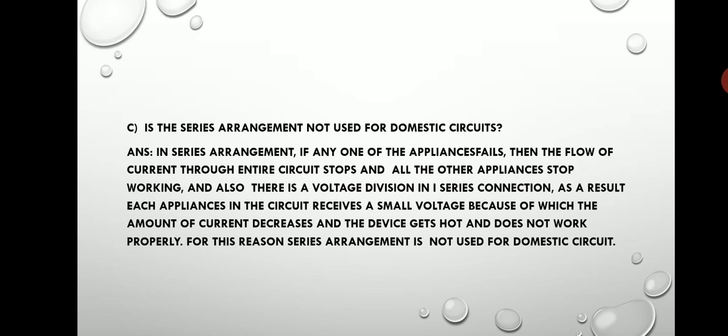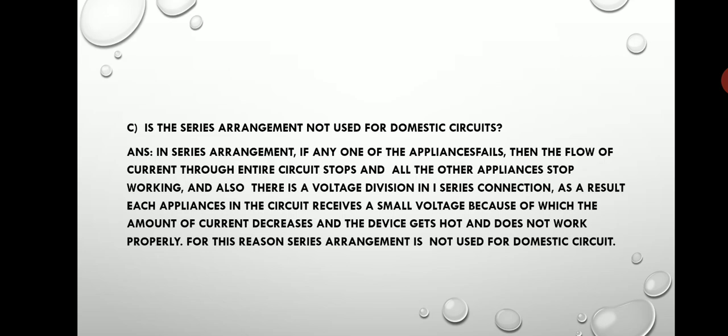The second reason is that in a series connection there is a division of voltage across the devices. As a result, each appliance in the circuit receives a small voltage, because of which the amount of current decreases and the device gets hot and does not work properly. So mainly for these two reasons, the series arrangement is not preferred in domestic circuits.